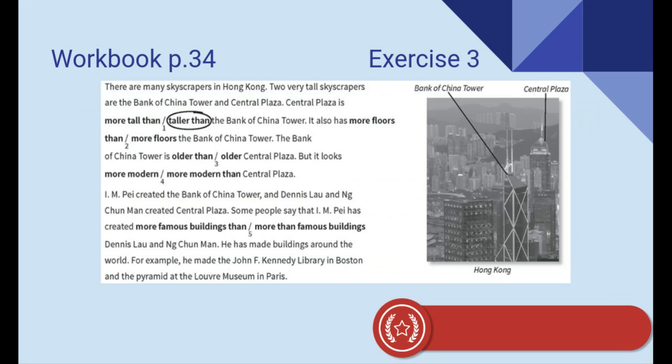It also has more floors than the Bank of China Tower. That's right, more floors than. We're using than because we are mentioning again the Bank of China Tower later. If we didn't mention the Bank of China, then we wouldn't use that. Now pause the video while you work on the rest.